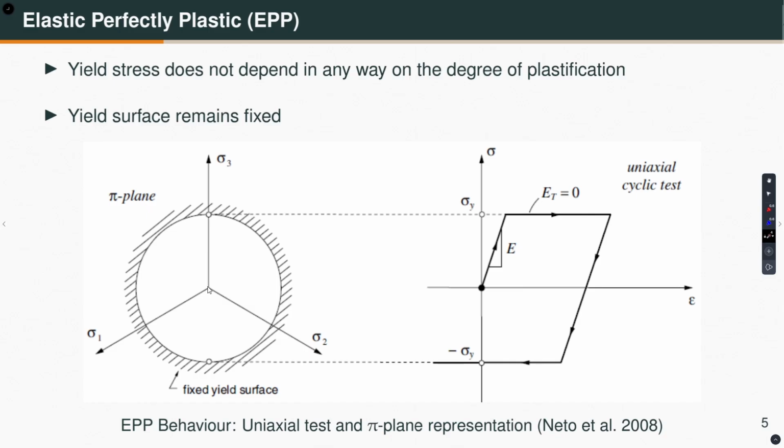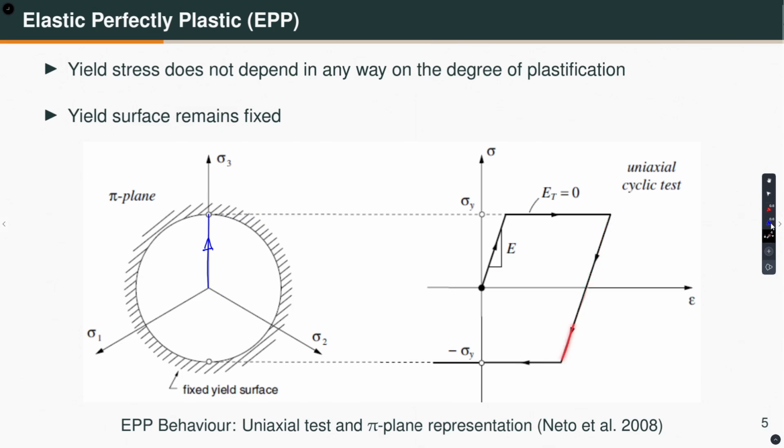So, what happens? Well, you start here, you go along this. The stress state reaches the yield surface and it remains there if you continue loading plastically. If you unload, then you move in this direction. Let me show you. We went like so. Now, when we are unloading, we are going in this direction.